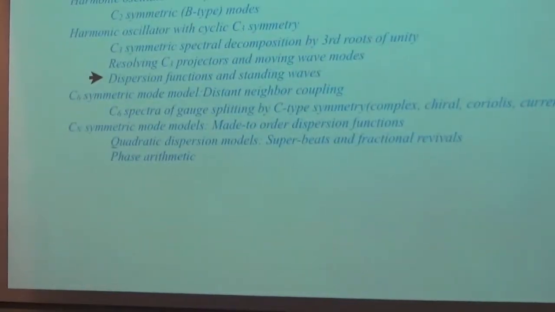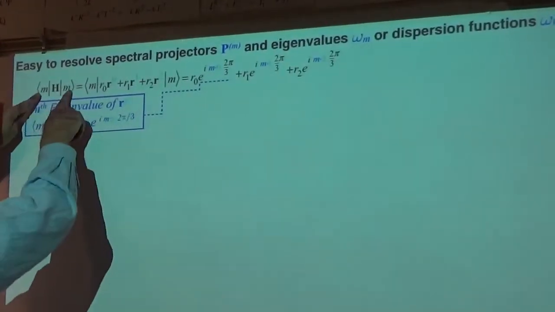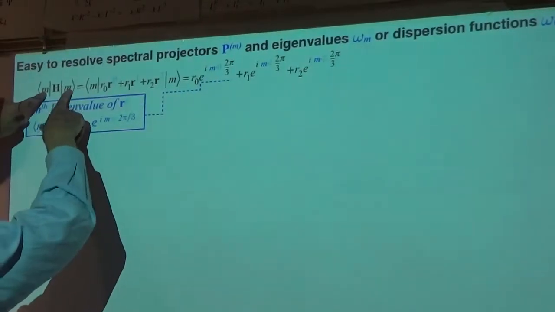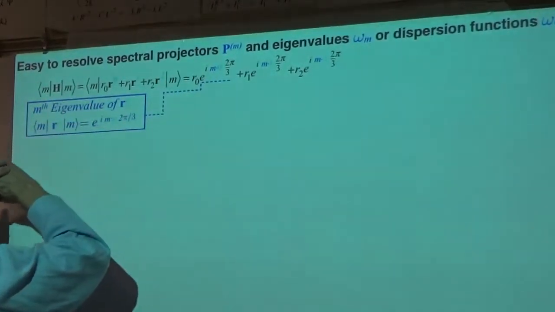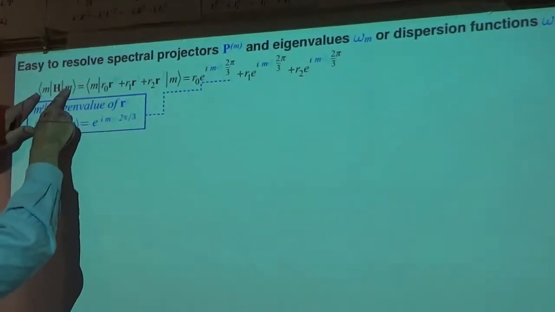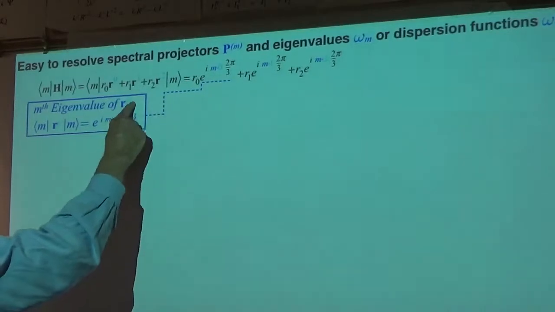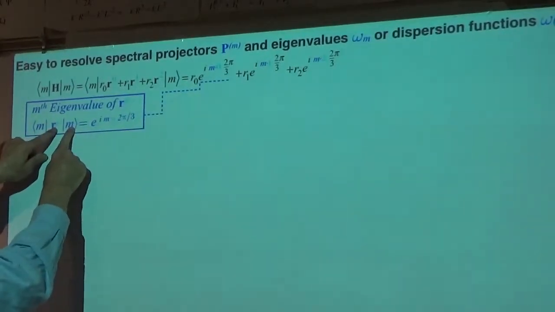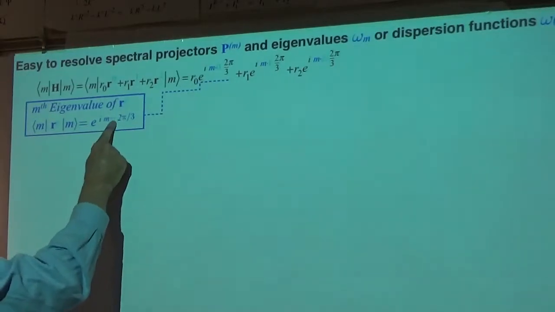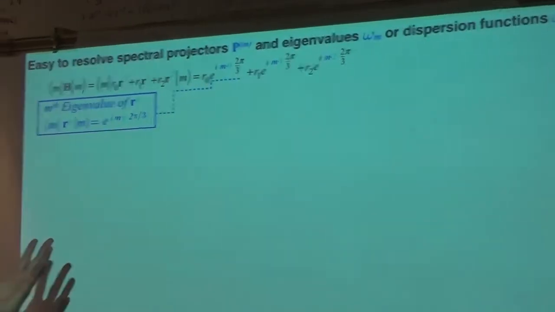All right. Now, what's the dispersion function? Here's the Hamiltonian. Here's one of those m mod 3 states. Magnetic quantum number is what m stands for. The mth eigenvalue of r to the pth power, e to the i m p.